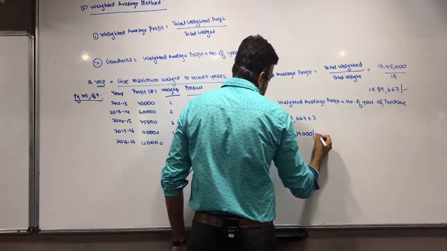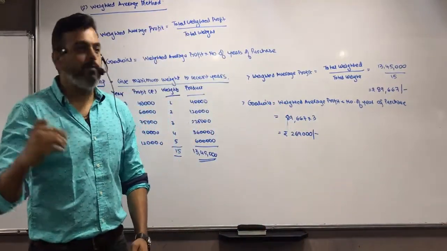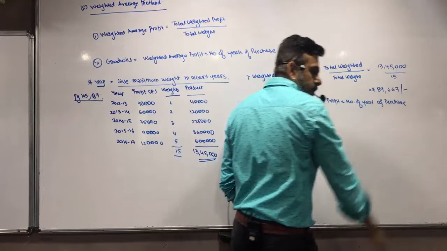So which is 2,69,000. The 1 is because of rounding off over here.